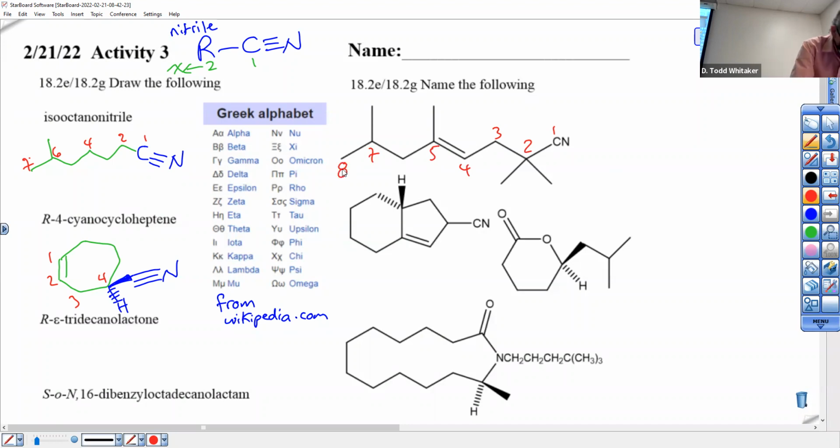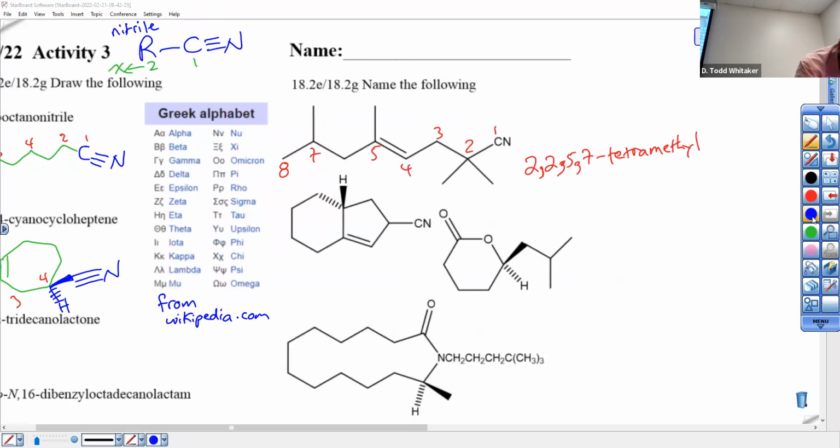In fact, there's 4 methyls in this molecule. 2, 2, 5, 7, tetramethyl, and it's an 8-carbon nitrile again, coincidental, octanonitrile, and it's got a double bond that's got some geometry.